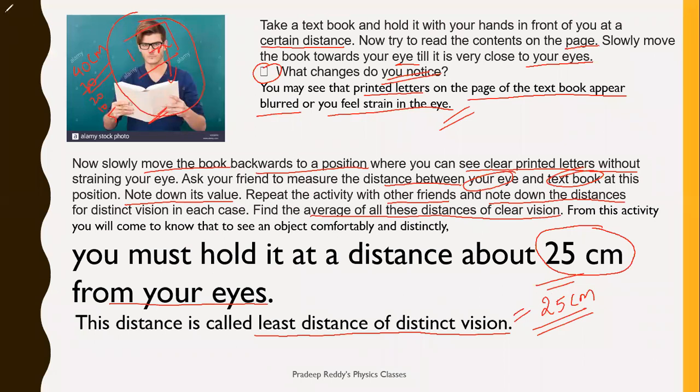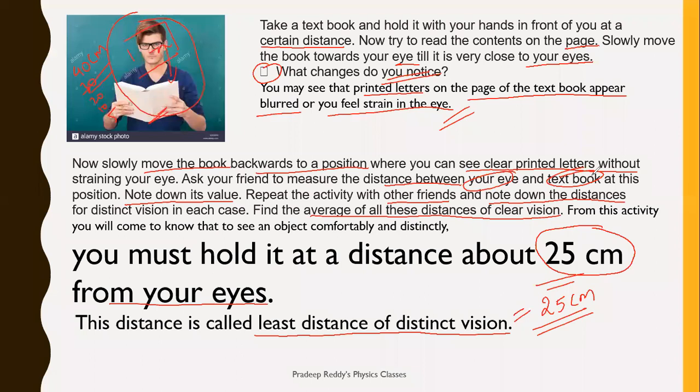That means generally for an adult whose age is above 10 years and up to 30 or 40 years, the eye will have a least distance of distinct vision equal to 25 centimeter. In this slide we have learned the least distance of distinct vision. For an adult eye, the least distance of distinct vision will be equal to 25 centimeter.